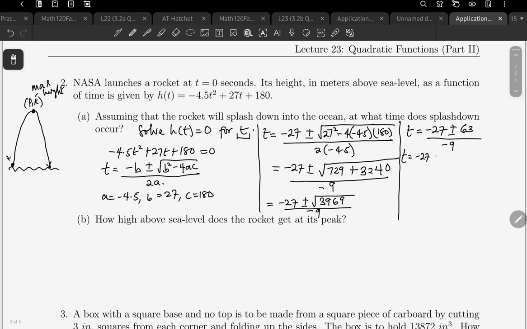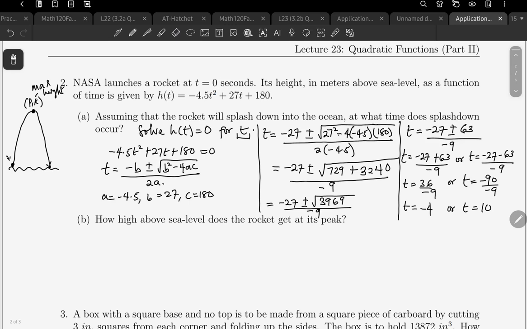So negative 27 plus 63 over negative 9, or the one with negative, negative 27 minus 63 over negative 9. The first one gives us 36 over negative 9, and the second one gives us negative 90 over negative 9. That means t equals negative 4 or t equals 10.